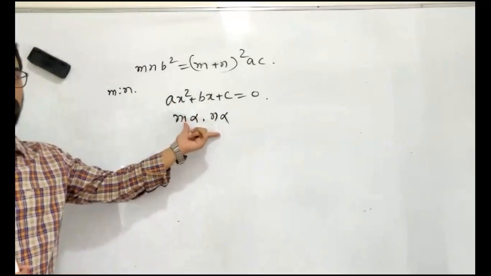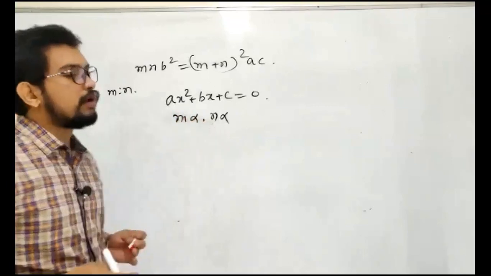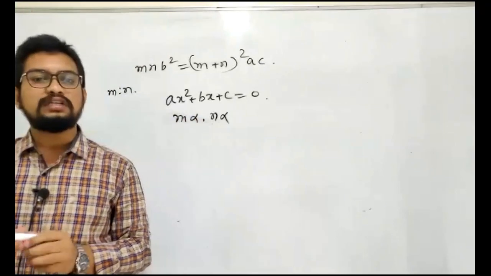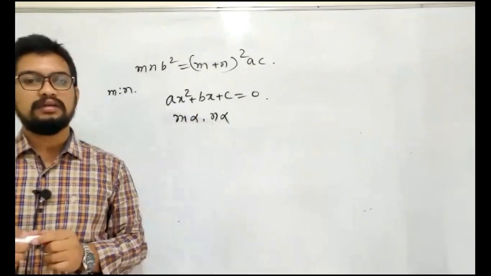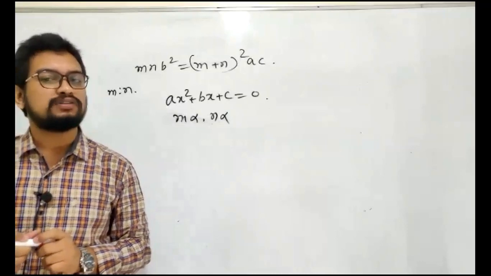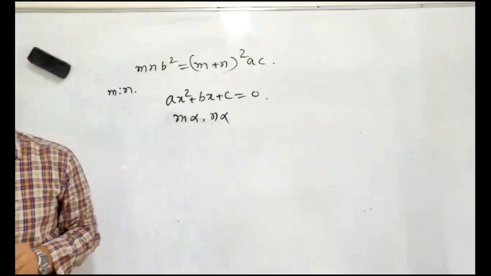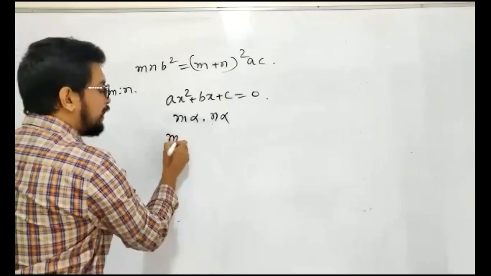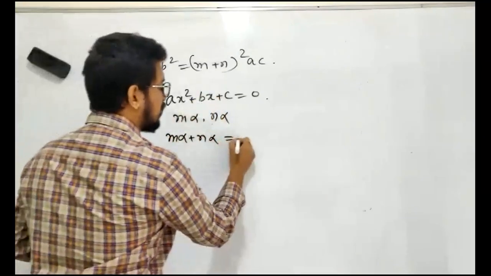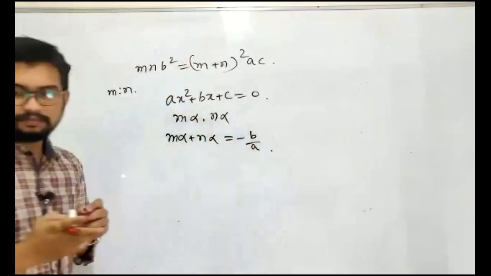Now simply apply the sum of the roots and the product of the roots result which you studied yesterday. The sum of the roots is m alpha plus n alpha, which is nothing but minus b by a.